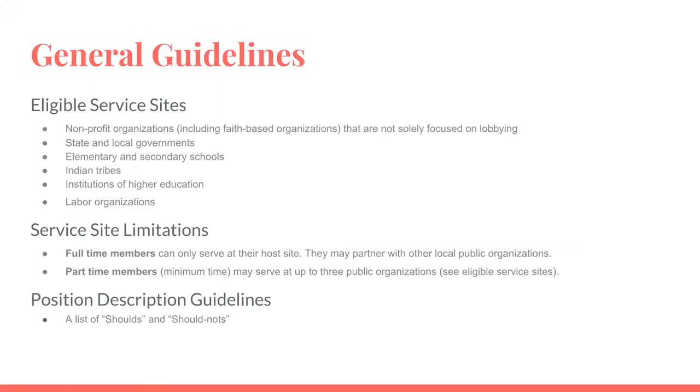For service site limitations, full-time members can only serve at their host site, though they may now partner with other local organizations. Part-time members may serve at up to three public organizations, which all need to be eligible service sites.